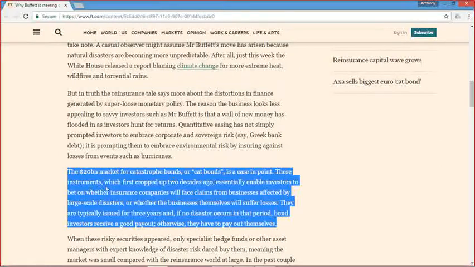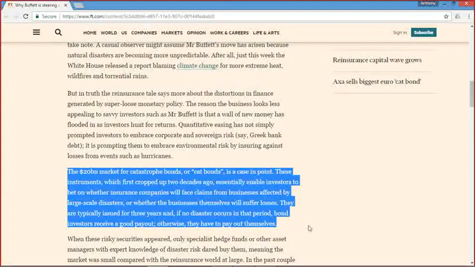These instruments, which first cropped up 2 decades ago, essentially enable investors to bet on whether insurance companies will face claims from businesses affected by large-scale disasters, or whether the businesses themselves will suffer losses. They are typically issued for 3 years, and if no disaster occurs in that period, bond investors receive a good payment. Otherwise, they have to pay out themselves.